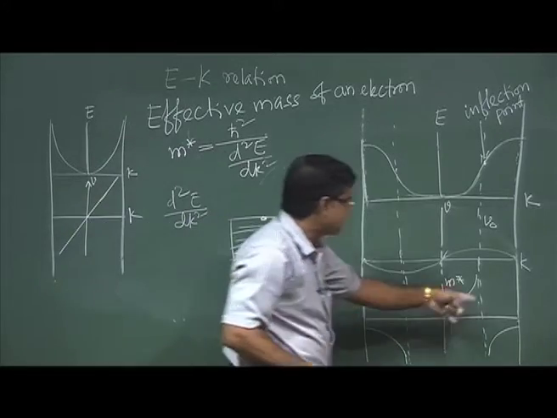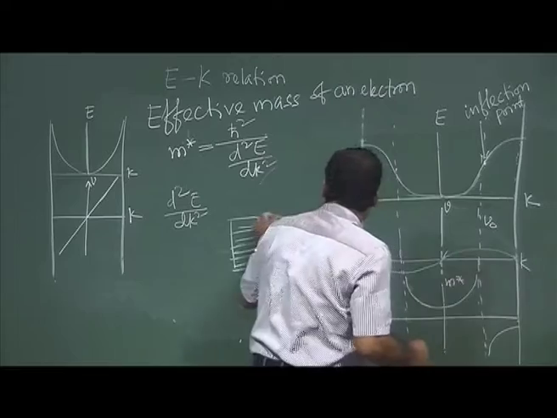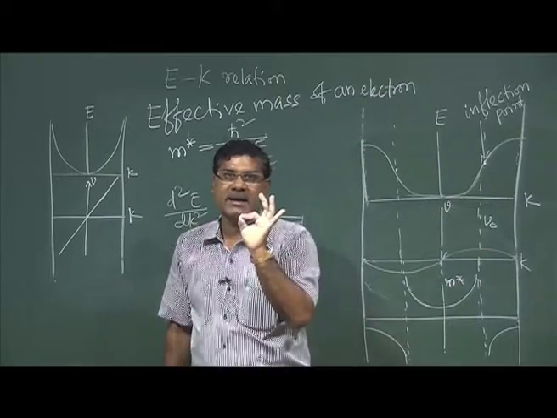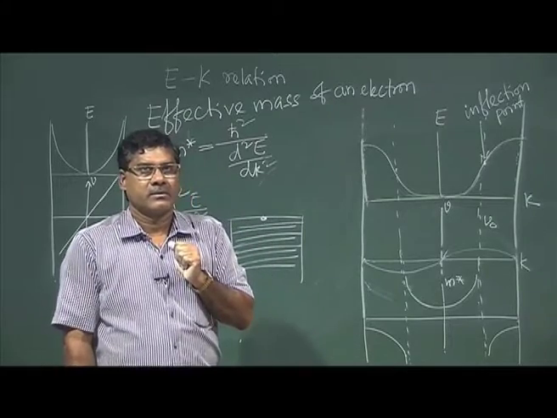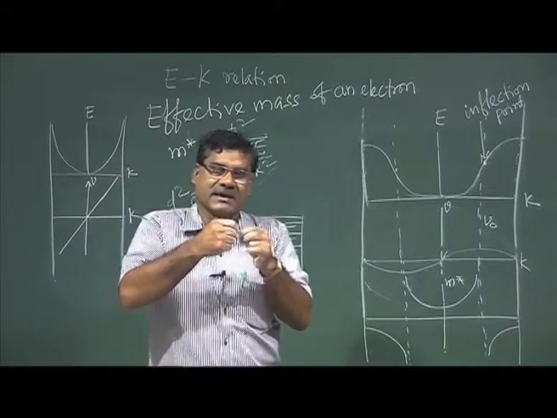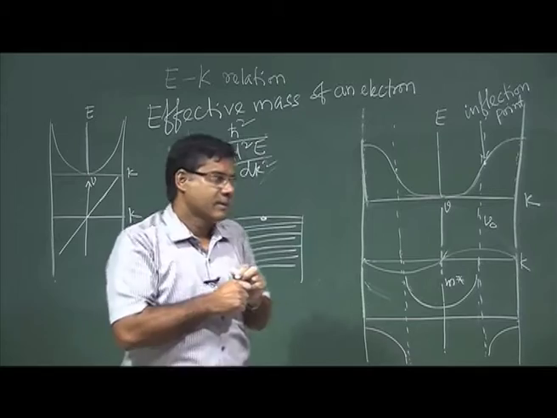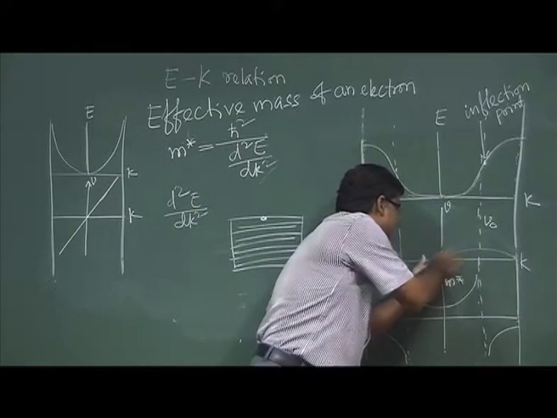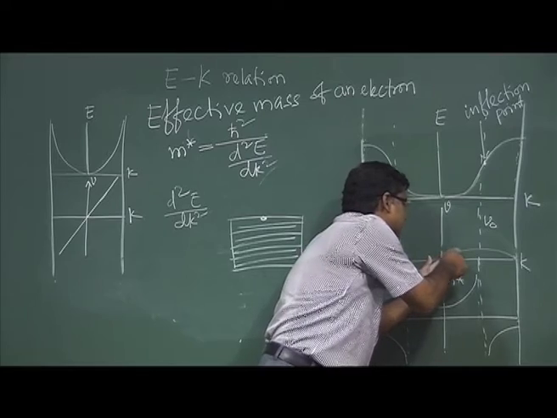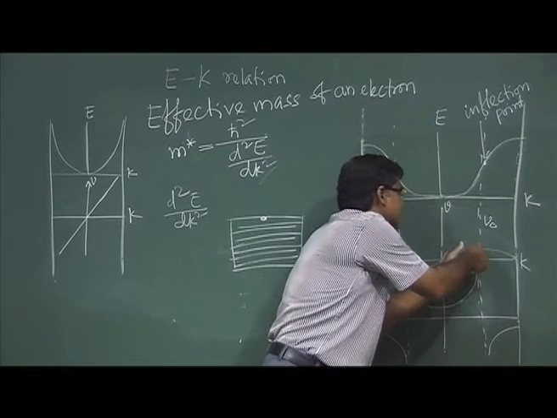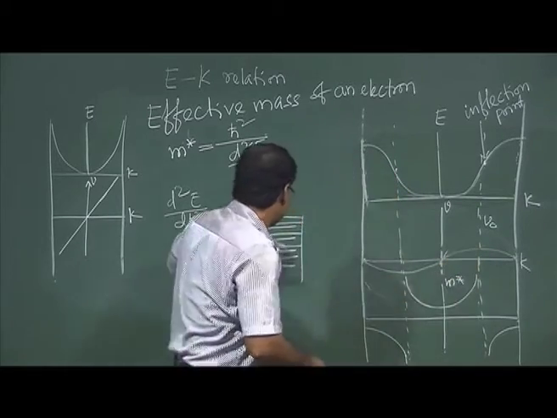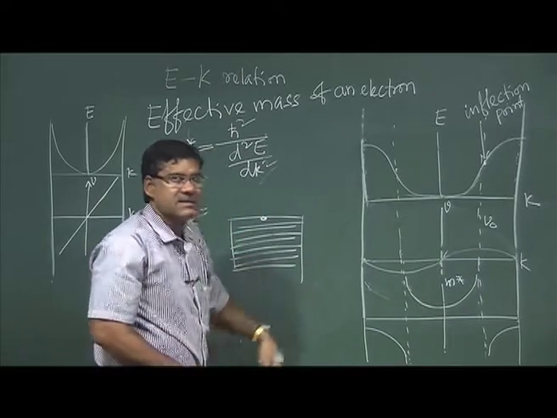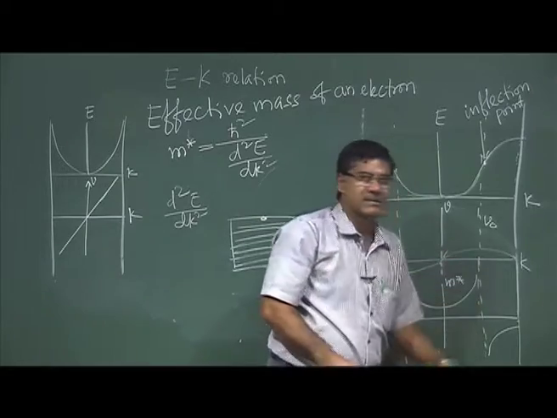And its velocity, when it is here, its velocity decreases, you know. So when you apply an electric field, and because of that these electrons are moving, right. In this region the velocity is 0, then it is increasing when it reaches some energy level, and then its velocity decreases.